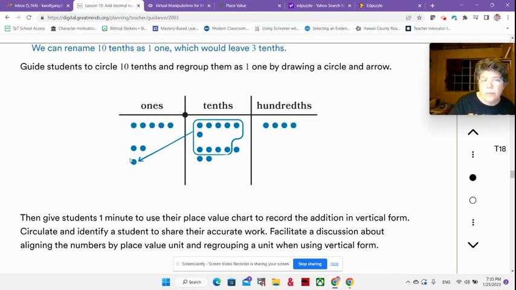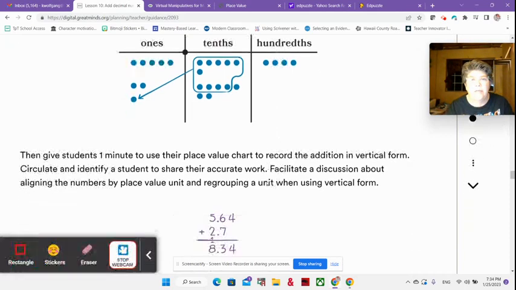So then we would add up all of these to have our answer, right? 1, 2, 3, 4, 5, 6, 7, 8 ones. And what do we have left in our tenths here? 3 tenths and 6 hundredths. 8 and 36 hundredths, right?